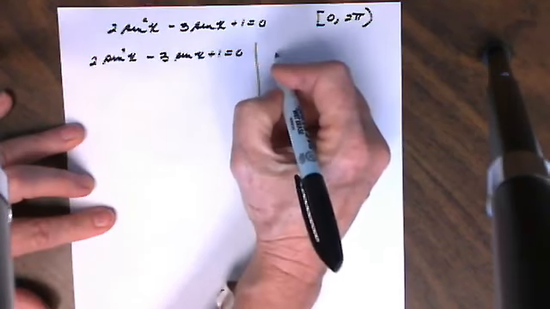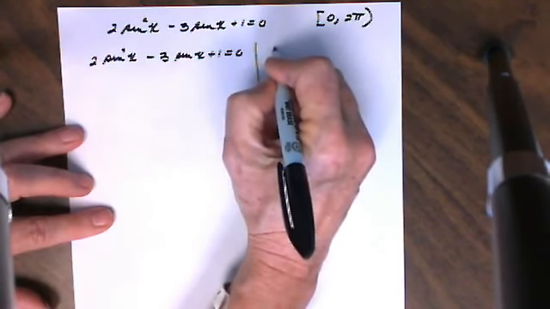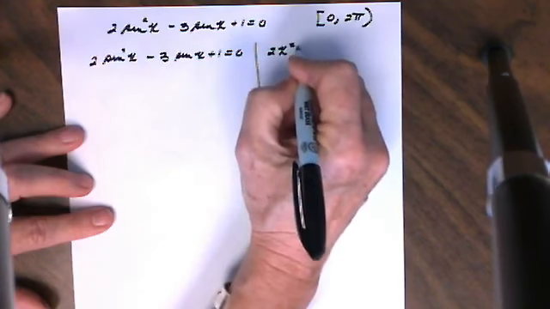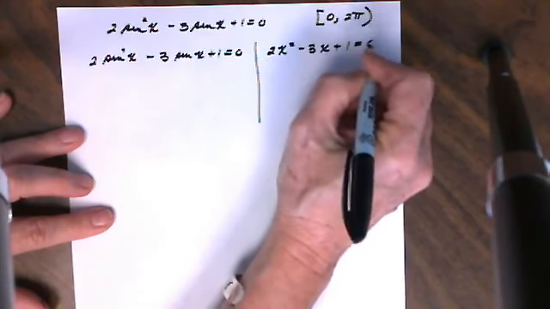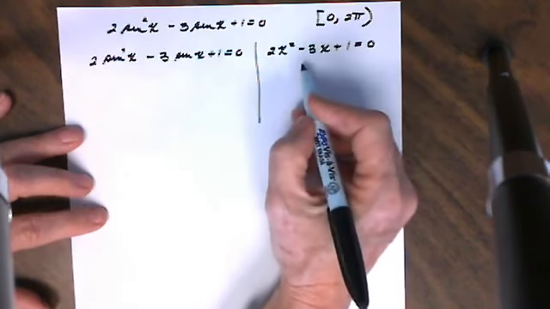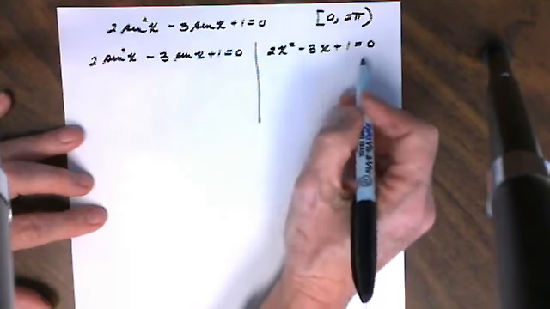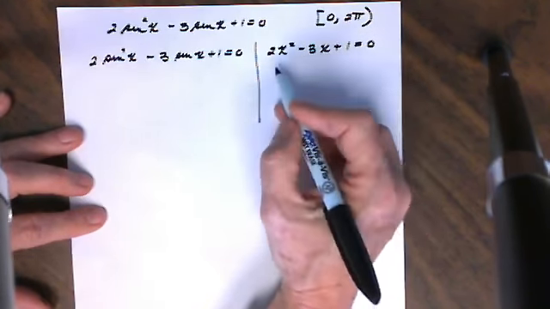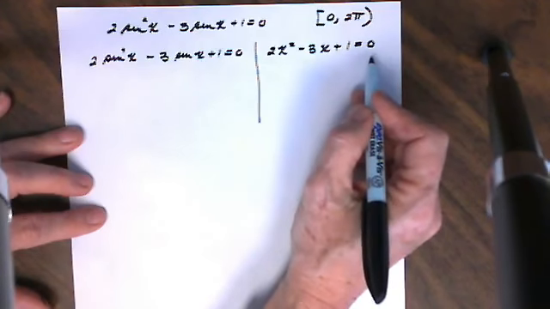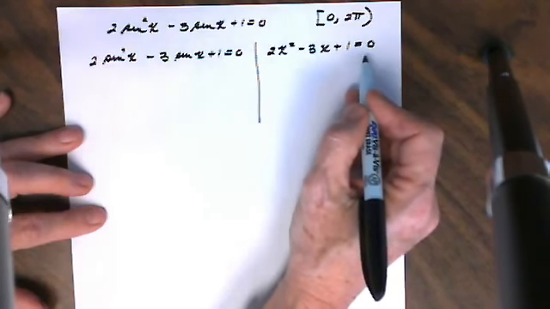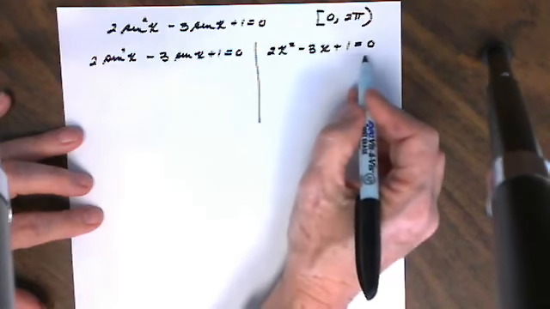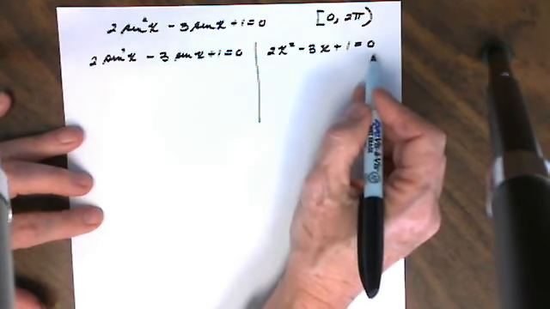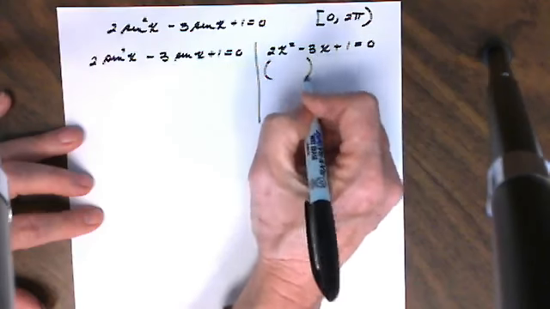So over here on the right-hand side, let's pretend this is 2x squared minus 3x plus 1 equals 0. And let's pretend I was back in intermediate algebra class and needed to solve this quadratic equation. One of the methods we employed back then was factoring.